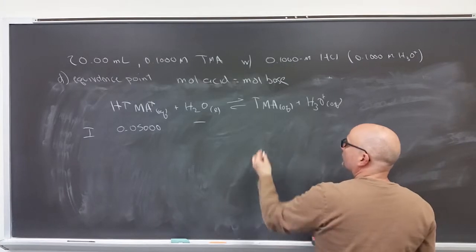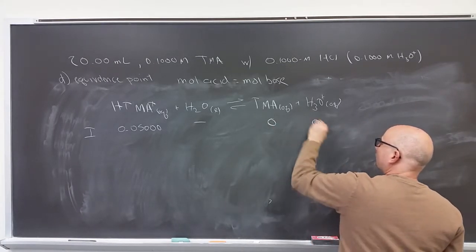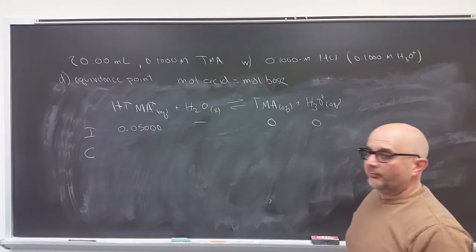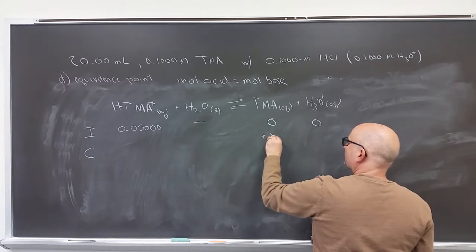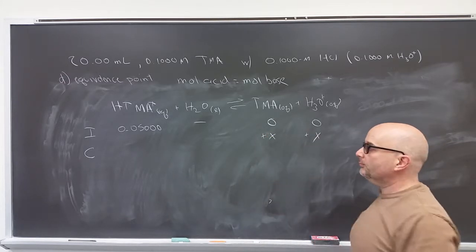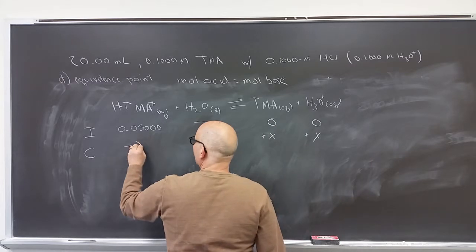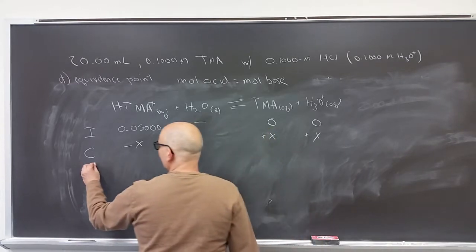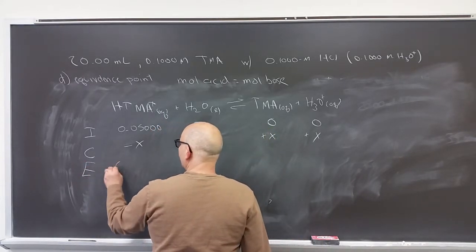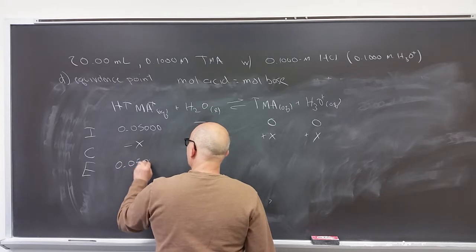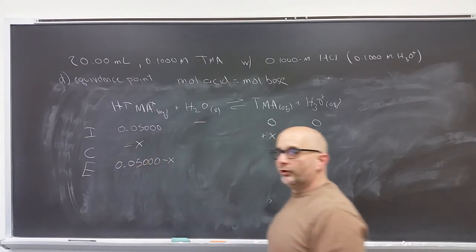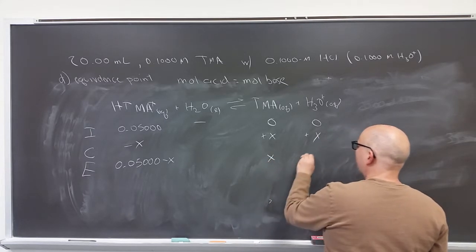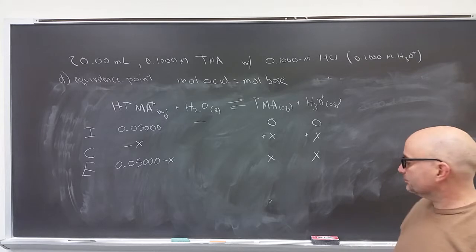Water doesn't affect the equilibrium. We'll say no trimethylamine and no hydronium. So, since we are devoid of the trimethylamine and the hydronium, we can expect some to reform at the expense of the trimethylammonium, since everything here is 1-to-1. So, once equilibrium is achieved, we will have 0.05 minus x molar trimethylammonium, x molar trimethylamine, and x molar hydronium.